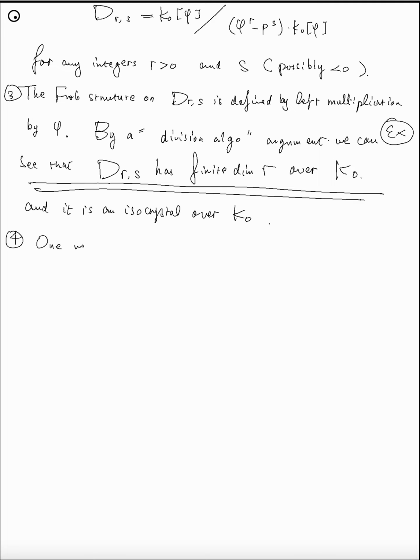One would imagine that, as phi is not linear, it's only linear when k equals Fp.